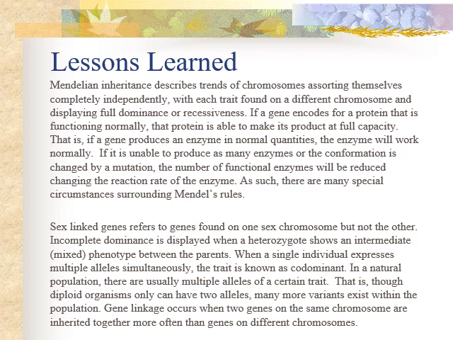We covered a lot. Mendelian inheritance is just simple dominant recessive relationships. We talked about how a gene will encode for a protein, and sometimes that protein is fully functional when there's only one copy. Sometimes it's partially functional, and sometimes it is expressed simultaneously with another allele. We talked about sex-linked genes that are on the X or Y chromosome.